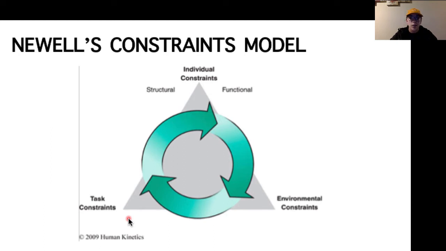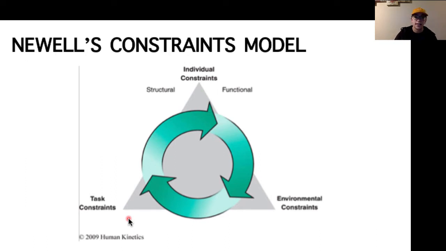But ice would be an environmental constraint because it affects my step length, right? I tend to take smaller steps, and I tend to not walk so much heel to toe, but more stumpy, okay? So ice would be an environmental constraint that changes or affects how I move.